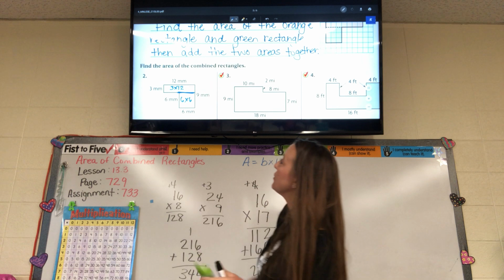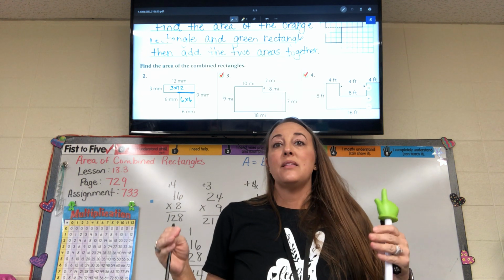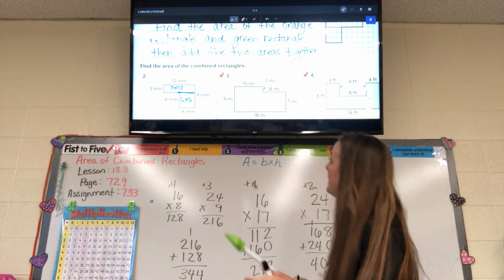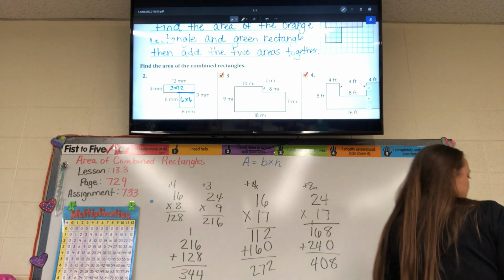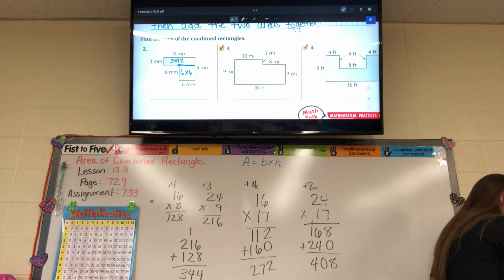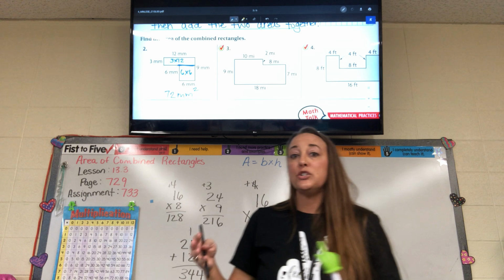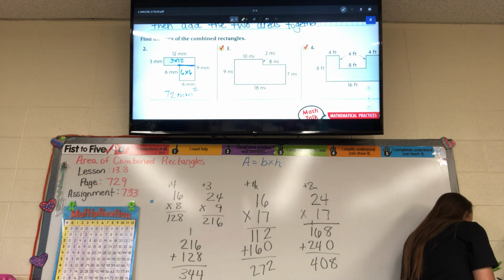So we only use the numbers that exist only for the rectangle we're finding the area of. So 3 times 12 is 36, and 6 times 6 is 36. So 36 plus 36 is 72 millimeters. And since we're doing area and we're multiplying 2 digits for each rectangle, we're going to use that squared. Okay.